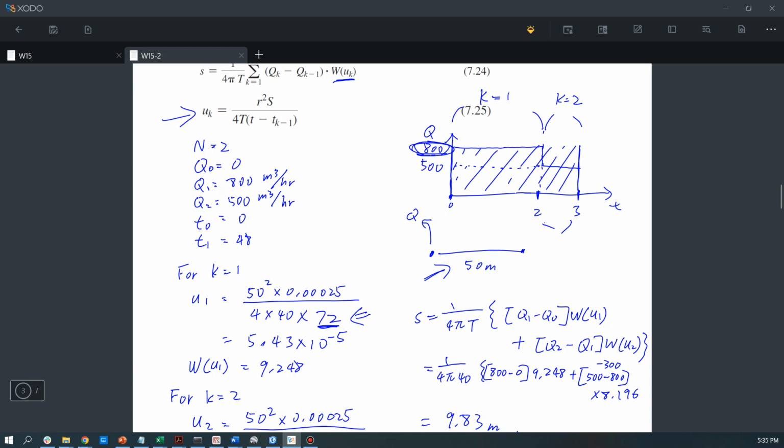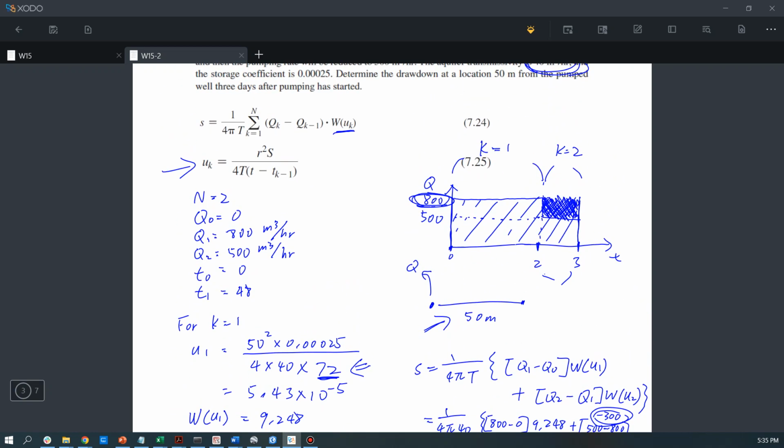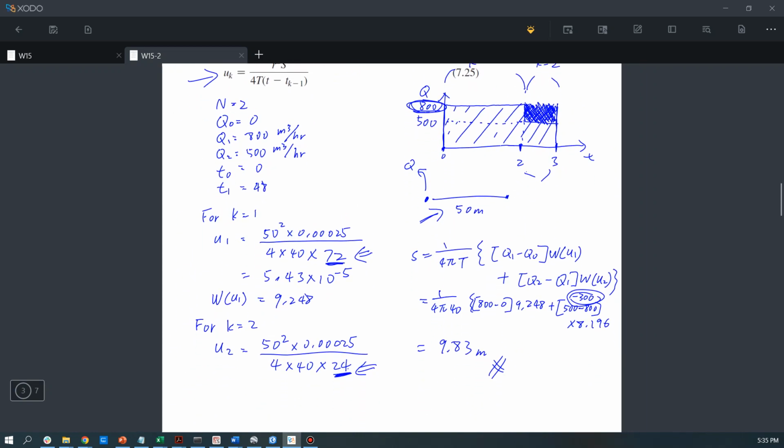Then here we subtract 300 for segment 2, which is after we calculate this rectangle, we subtract this part, which is the reduced area. So that is how we apply this equation to calculate the drawdown caused by this area.